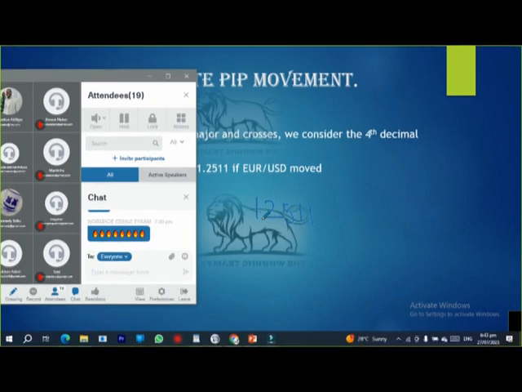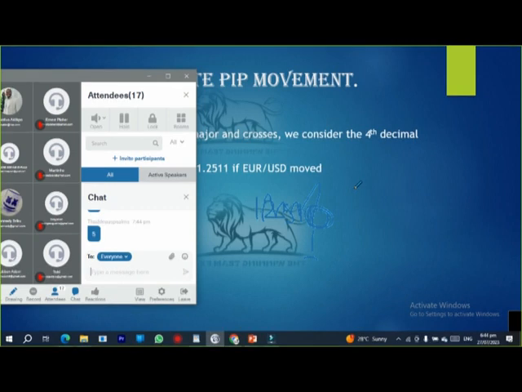That is, this is 1, this is 2, this is 3, this is 4. So this is the fourth one. So we consider here. We are saying Euro USD moves 2 pips, meaning we will add 2 to this last one, the fourth decimal place here.